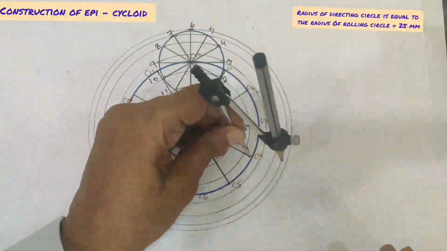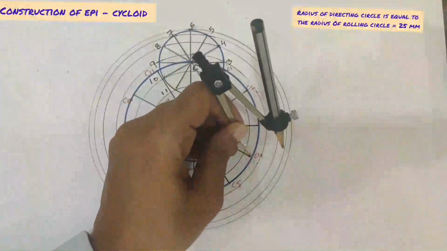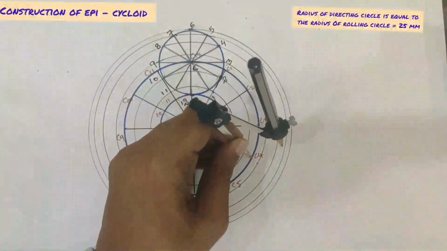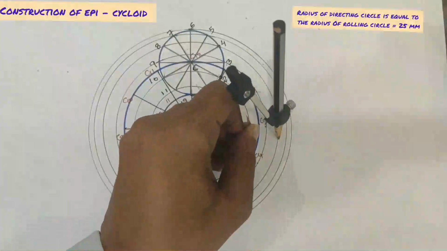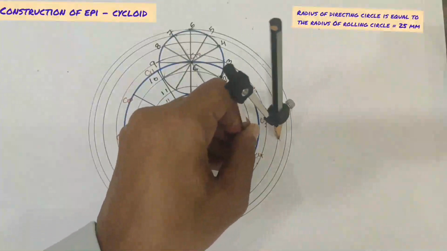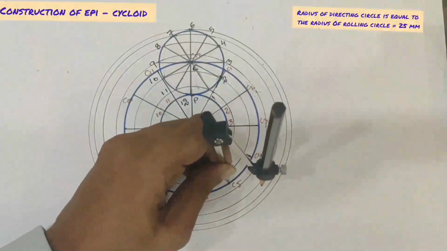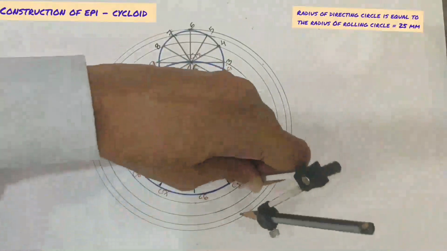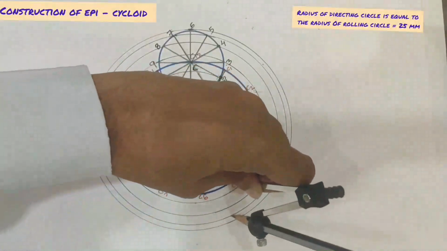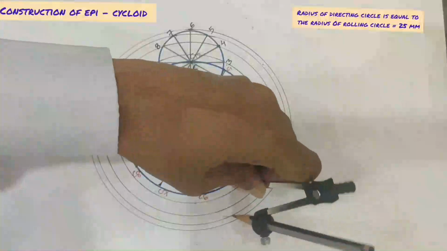Then C4 as a center, CP as radius. Draw an arc on the fourth division circle passing through the rolling circle. Then C5 as a center. Draw an arc on the fifth division rolling circle.